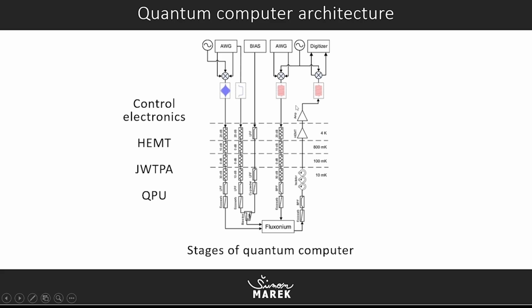So this is our added RF amplifier just below the control electronics. So there is another RF amplifier which you need to add before control electronics. So it is really nice to see.